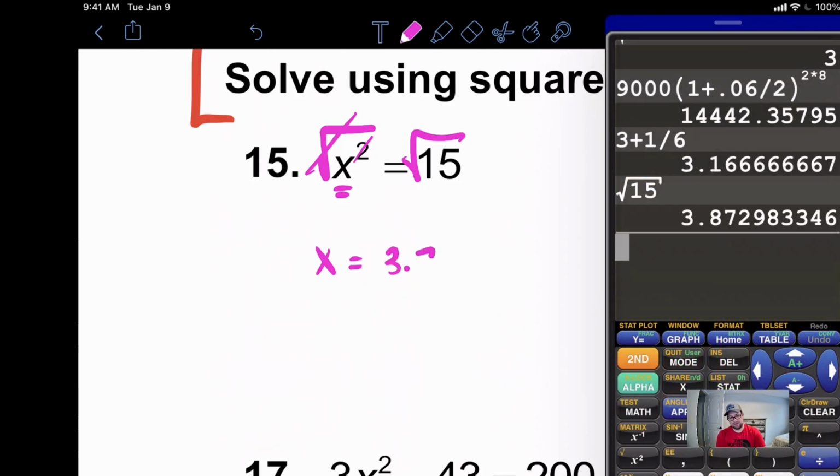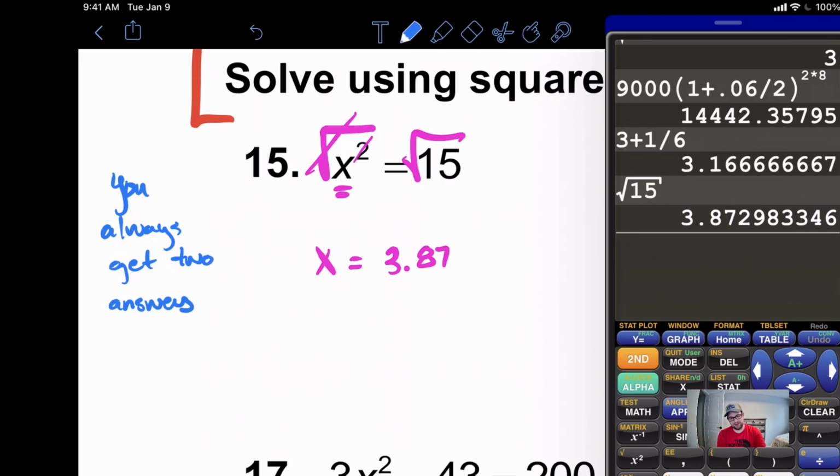Now, this is the only part that's a little tricky for kids to remember sometimes. You always get 2 answers. Let's even put that on the side. You always get 2 answers. And when you get those 2 answers, remember, one is always the positive version of whatever you were square rooting, and one is the negative version.